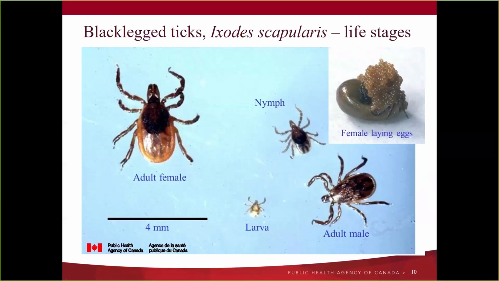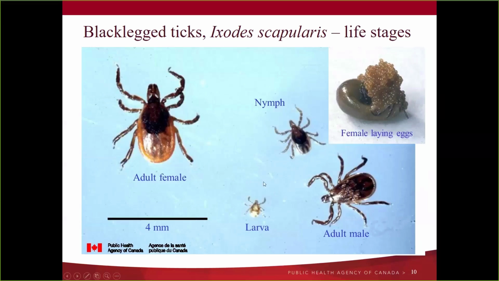But what I do is a simple squish test. You take what you think is a larval tick between your finger and thumb, and you give it a little grinding motion. A tick will be happy and all excited that you're giving them a back rub. An insect will be destroyed by that. So it's easy to tell that you're dealing with a tick and not something else using that method.